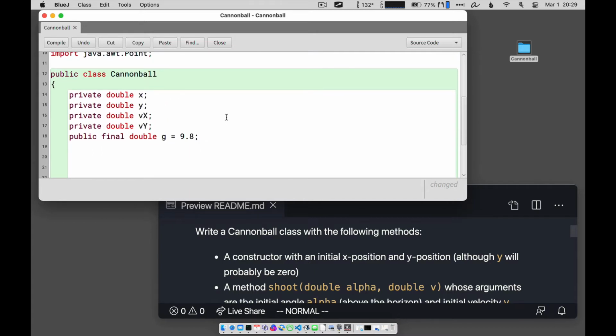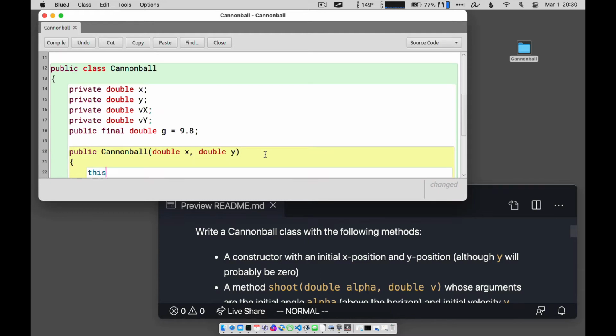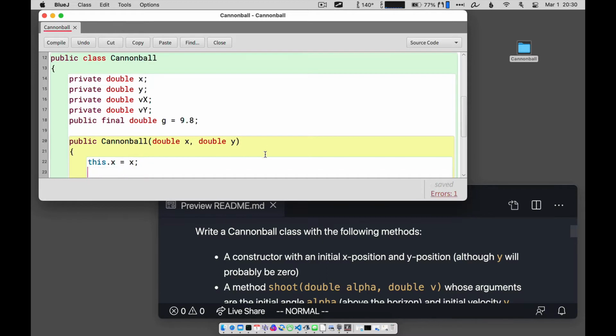Yeah, and then let's make our constructor. So I'm going to construct a Cannonball. It's public Cannonball. What information do I need to put in there? I'm sending in initial X position and Y position. So double X, double Y, and let's do that then. This dot X is going to be equal to whatever the X is, and this dot Y is going to be equal to whatever the Y is.